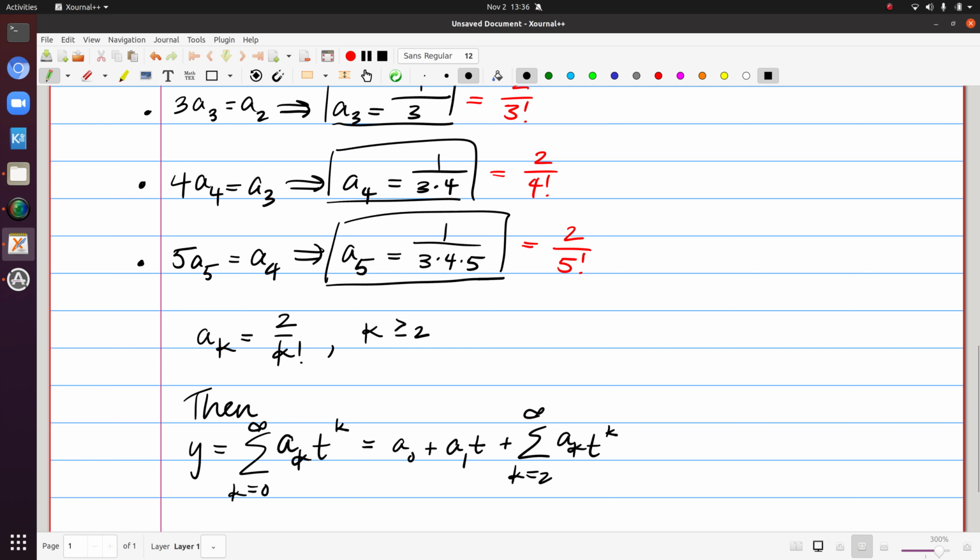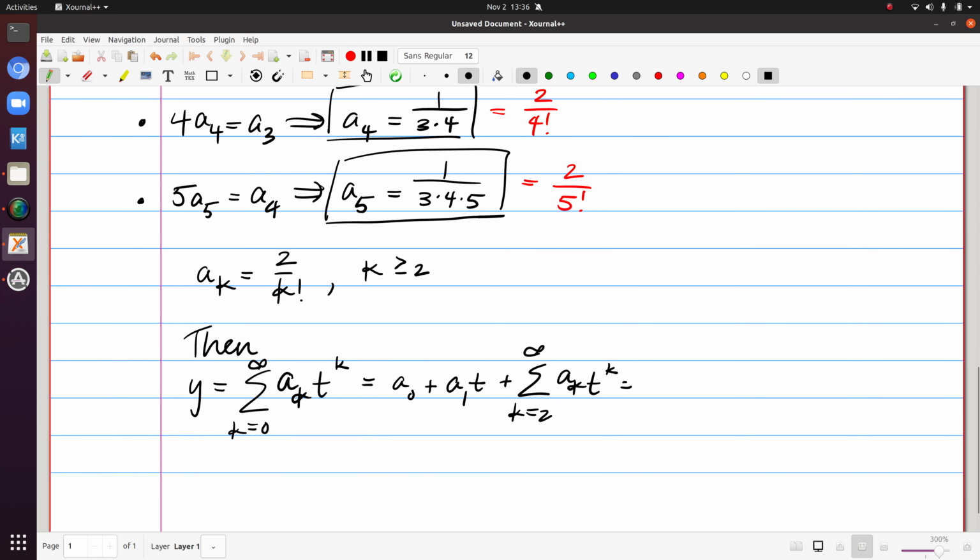So this would be allowable. And we found that a0 is 1. We found that a1 is 1. And then for the sigma notation, at this point I can put in 2 over k factorial times t to the k. So of course this is our solution, but we're really not done.